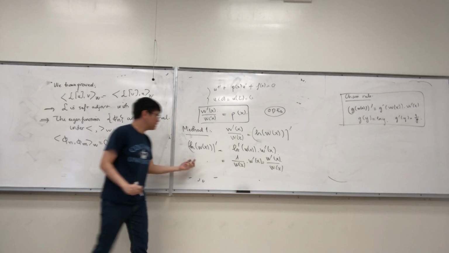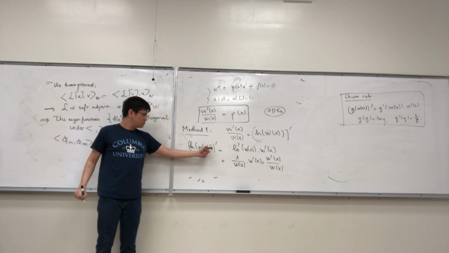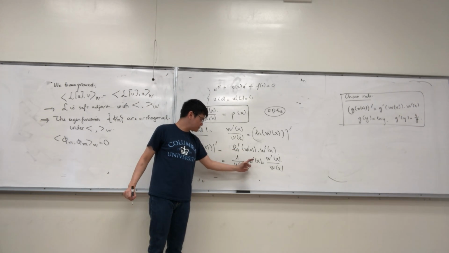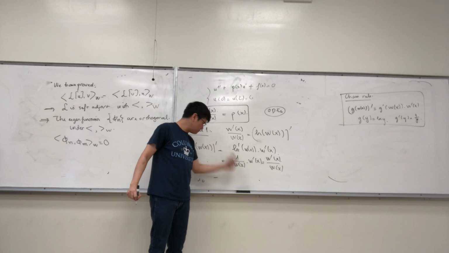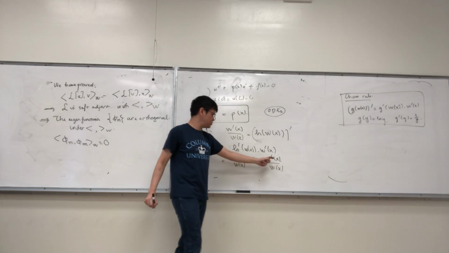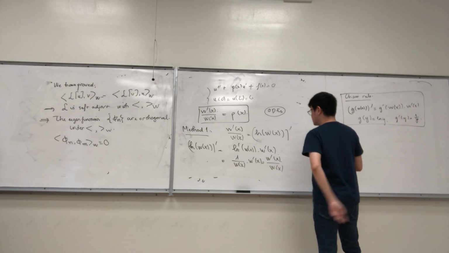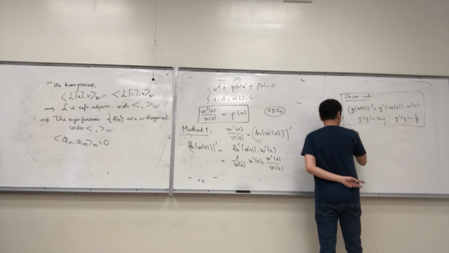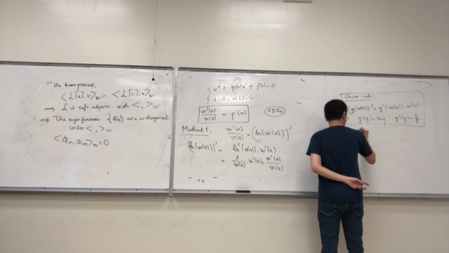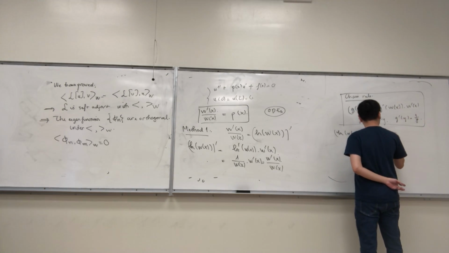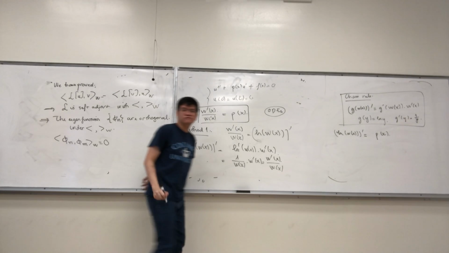So log of w prime will be log prime w times w prime, and this is 1 over w times w prime, which is w prime over w, right? So you're going to have log of w prime is P of x, right? So what is the solution for this equation?